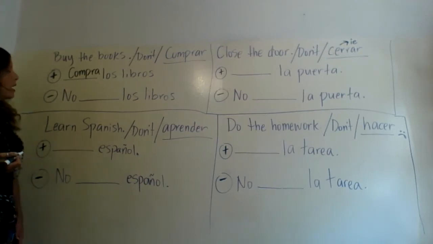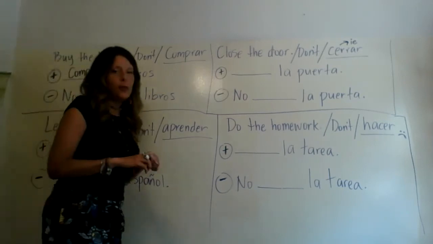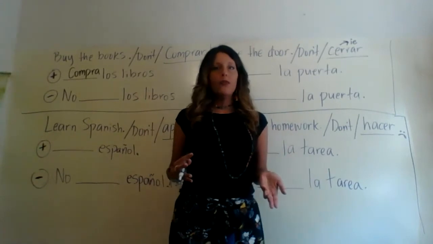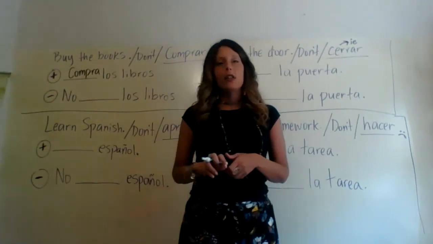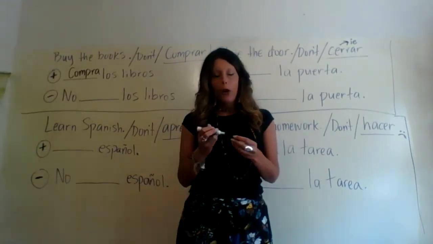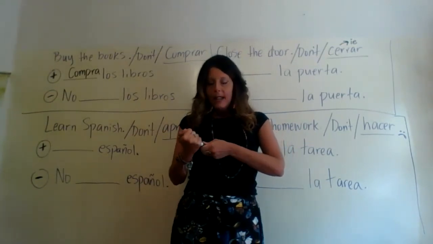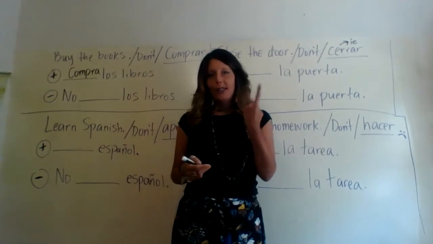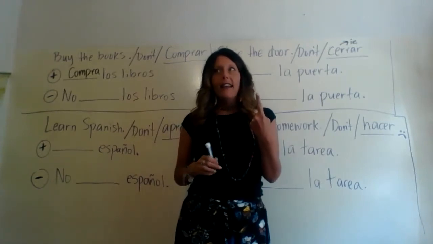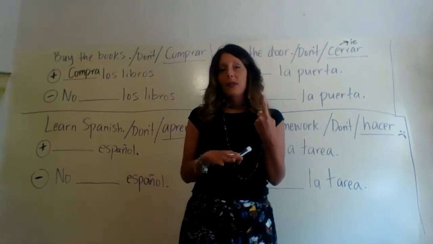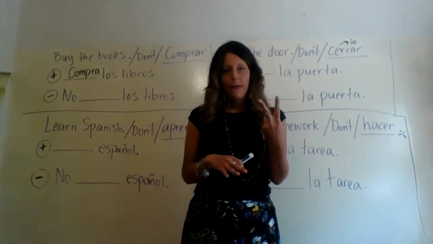But then if I wanted to say, don't buy the books, that for some students will prove to be a little bit more difficult, because remember that the starting point for making negative informal tú commands is first you have to know how to make the formal usted command, and then you have to do what? Add an S to it.